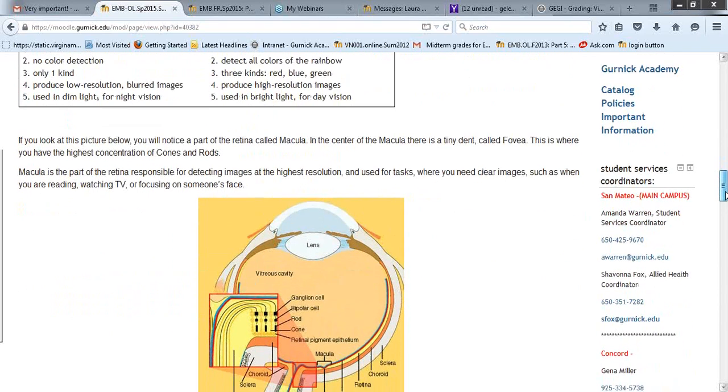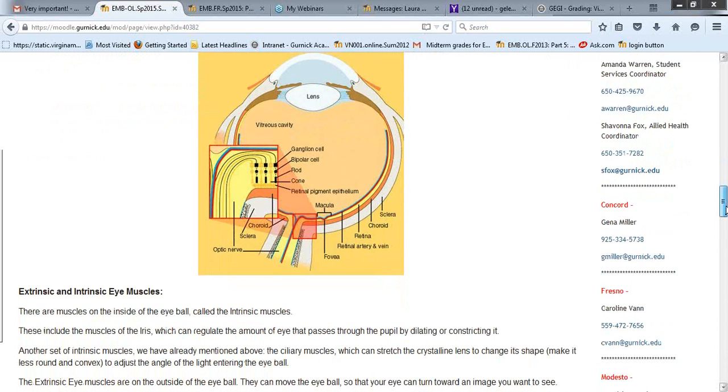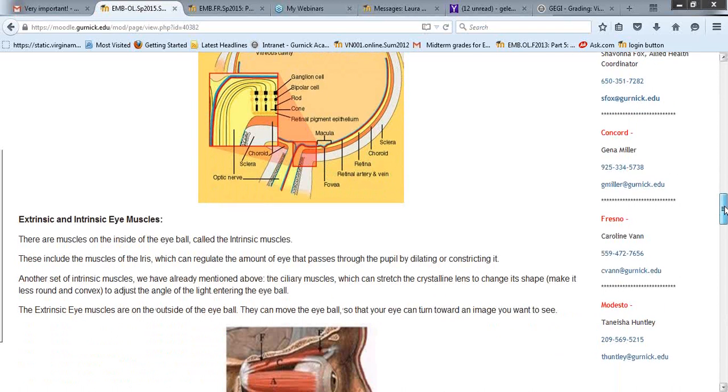Okay. Now, the next part I want to talk about is what the macula is and what the fovea is. The macula is a special place in the retina where you have a very high concentration of photoreceptors. You use the macula to see images and be able to focus on images.